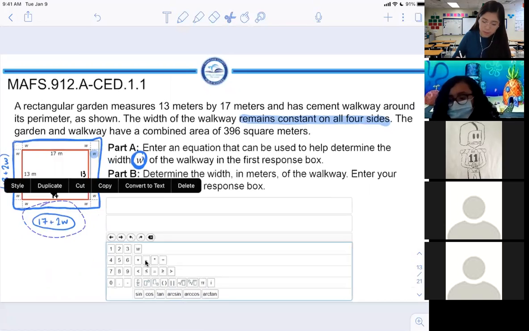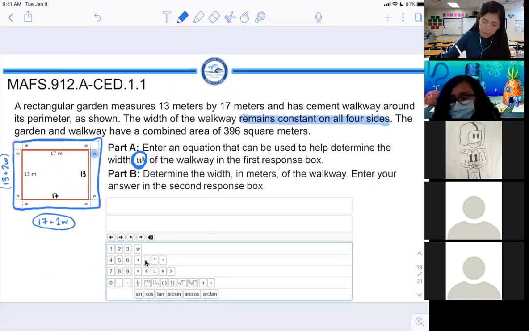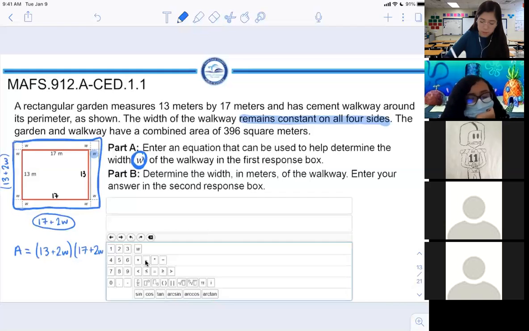Well, now I need to know the area. The area is length times width. So this would be 13 plus 2W times 17 plus 2W. And what does that all equal? Oh, 396.